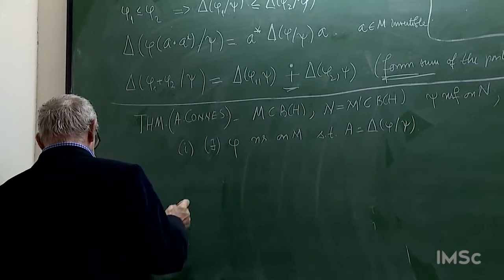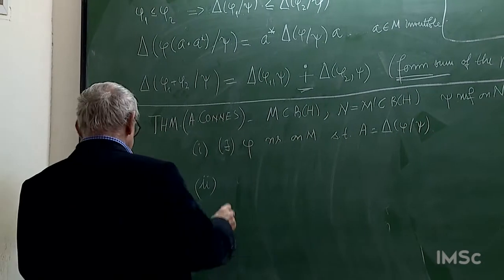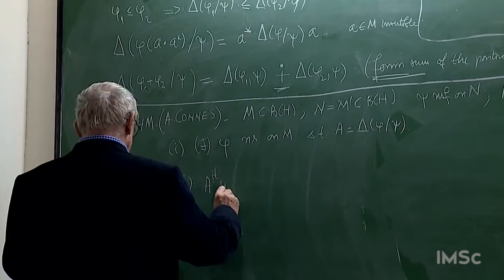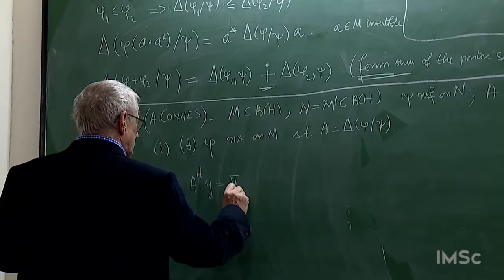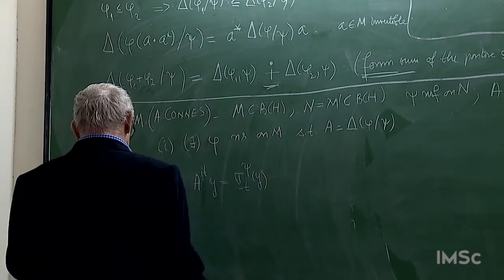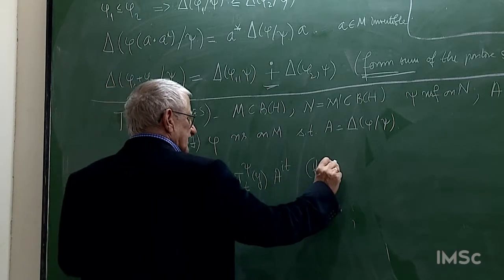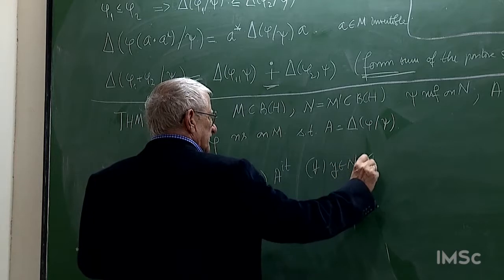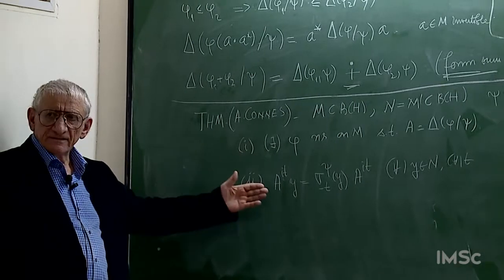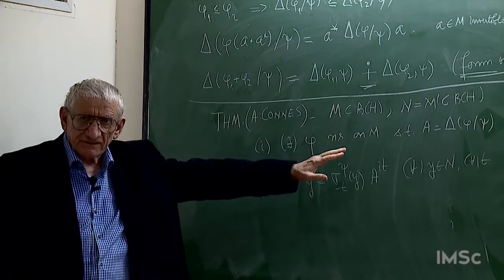And the second is the fact that A power it times y is equal to sigma minus t psi of y times A power it. This happens for every y in N and every t. So that's a very neat characterization of what are the operators delta phi psi when psi is fixed.